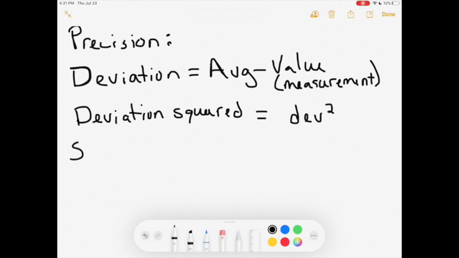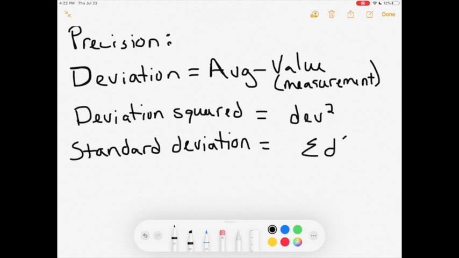And then we have standard deviation. This one's a little bit longer, but we take the sum of the deviation squared, because again, you would have a value for each measurement.